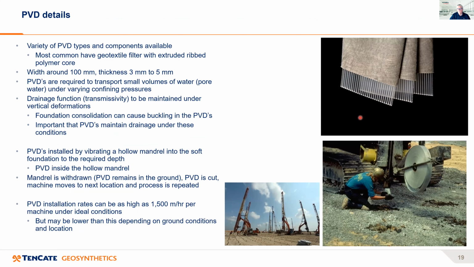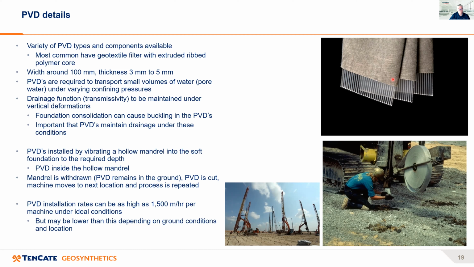Now, there are a variety of different wick drain types available. The most common has a geotextile filter, as you can see here, with an extruded rib polymer core inside it. The width of the wick drain is normally about 100 millimeters, and the thickness is 3 to 5 millimeters.